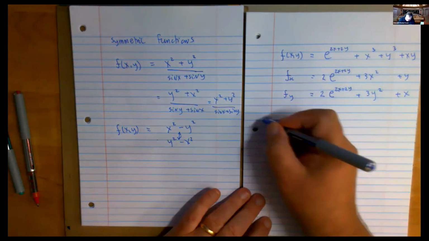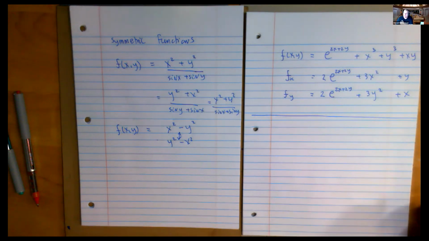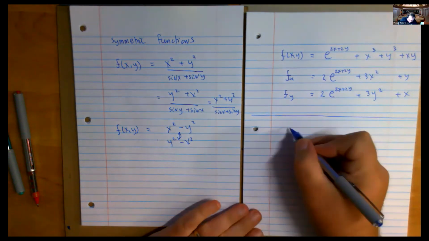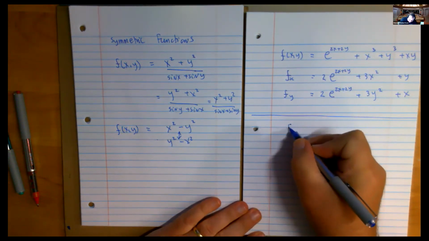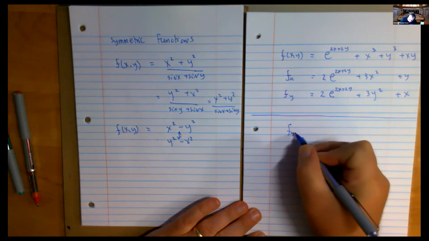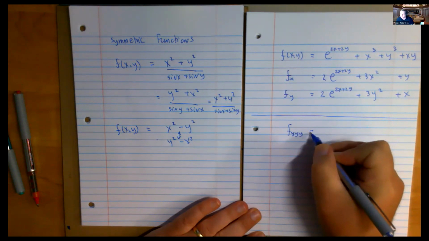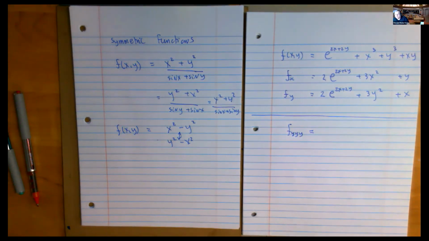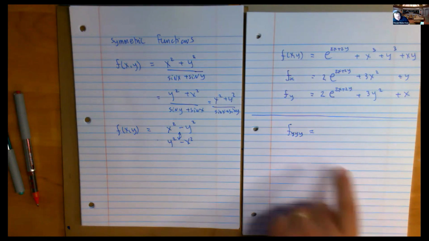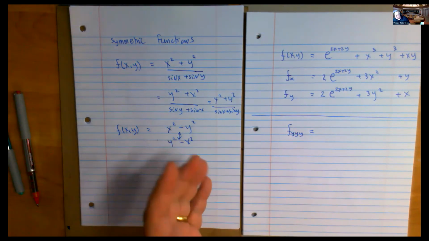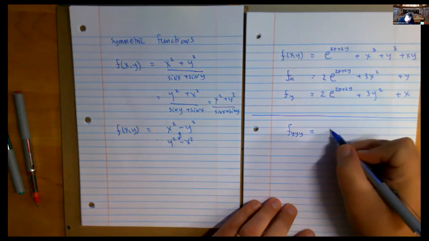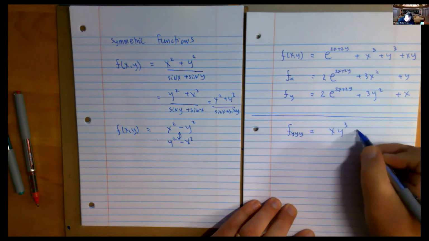I'm making this up. Let's suppose we had a function and we got its triple derivative with respect to y. It took us forever and a day, but we finally got it. So pretend there's some function out there and I've done the triple derivative, and this is what you ended up with when you were finished.